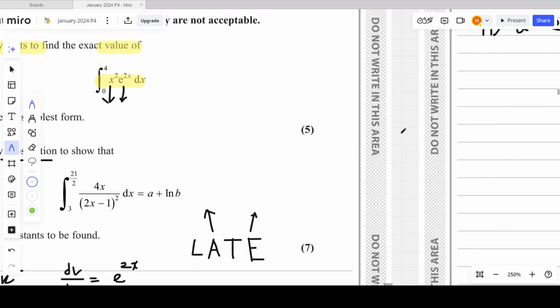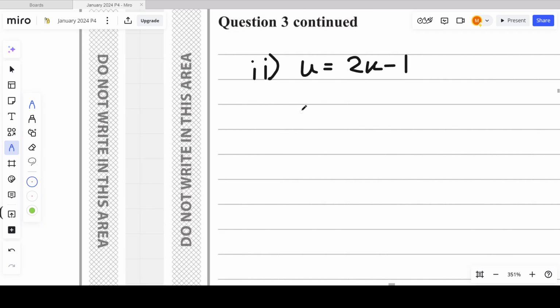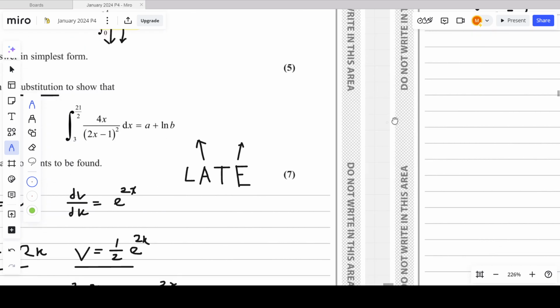So what would it be? Look, differentiate u. What will you get? du over dx. Du over dx is just 2, right?